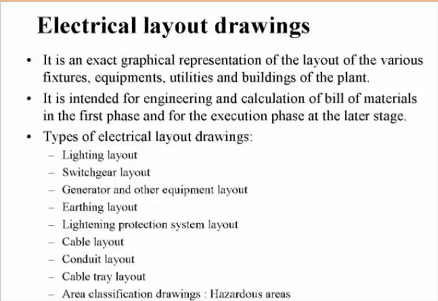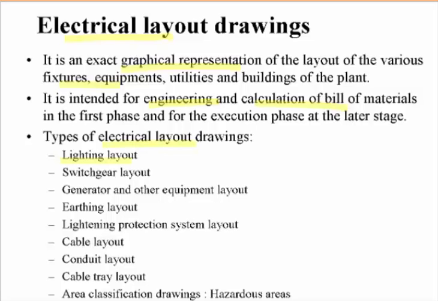Then we also get what we call electrical layout diagrams, and this is an exact graphical representation of the layout of various fixtures, equipment, utilities, and buildings. This is intended for engineering and, again, calculation of the bill of materials. What are the types of electrical layout drawings that we get?